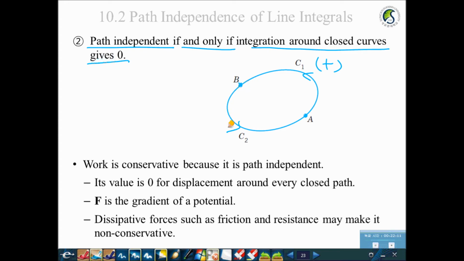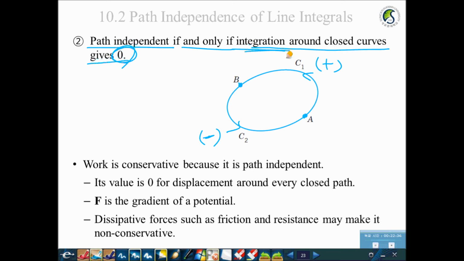From this respect, the starting point is this and the ending point is this, so you could say that this is minus, the way of going around from start to end. So it becomes 0, and if that integration is 0, then it is path independent.